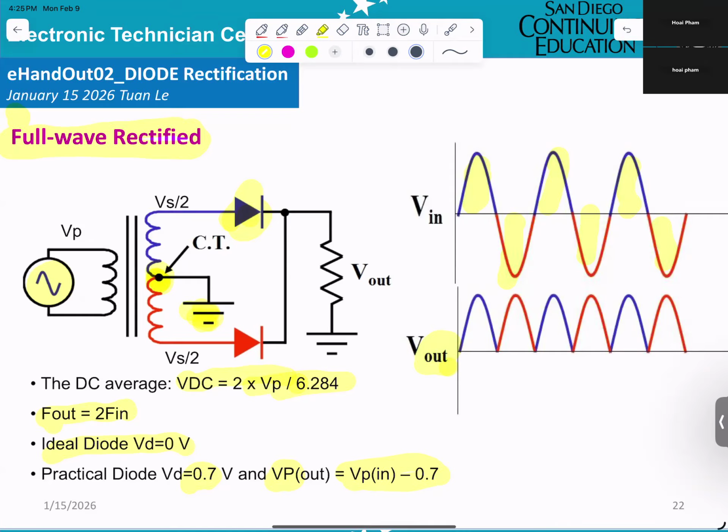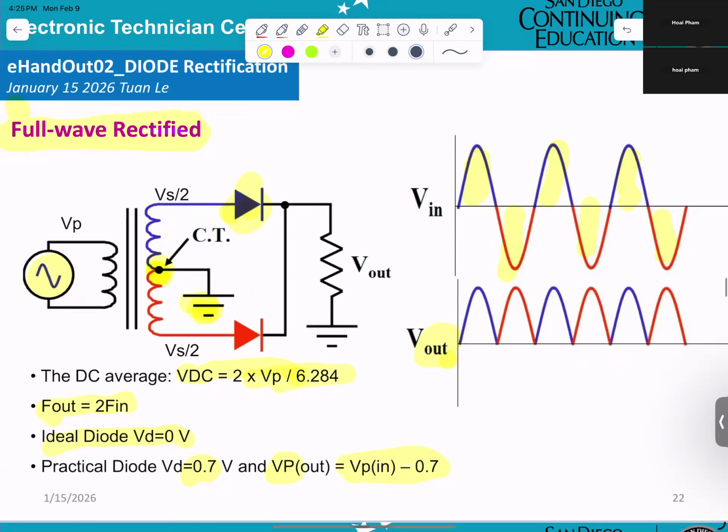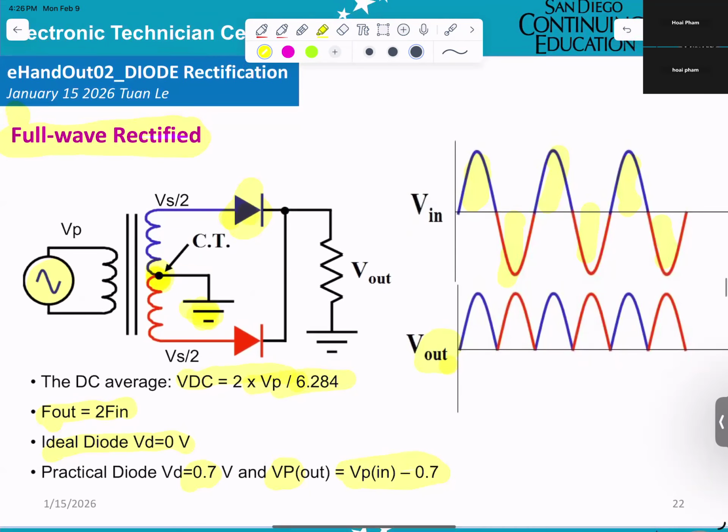In here, it's just theory. The only thing is, if I see the input look like this and this is the output, I know this is the full wave rectifier. They rectify both positive and also negative. That's what they call full wave.